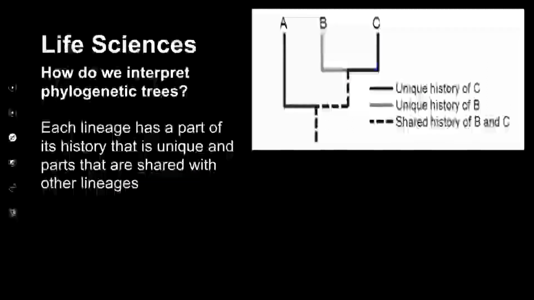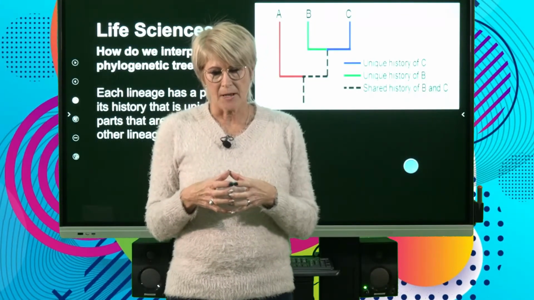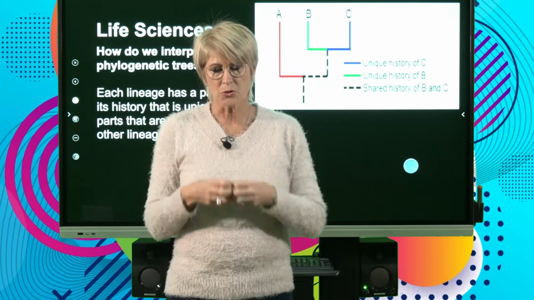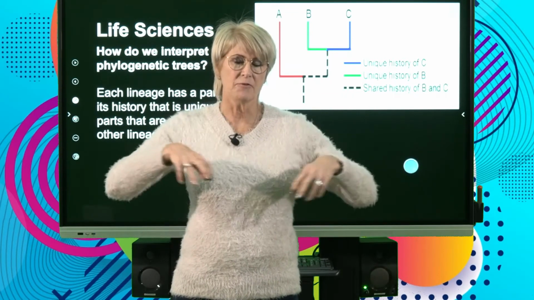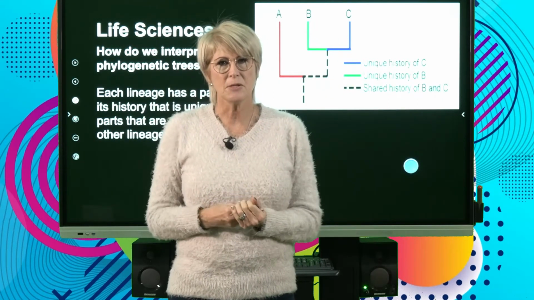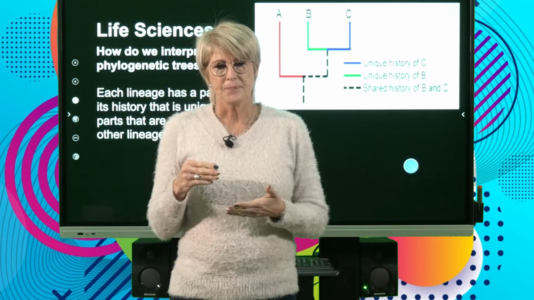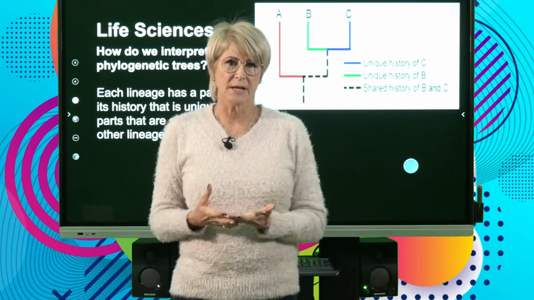Okay, so we've had a look at the ancestral population, and we've seen how we can find the common ancestor of various species on our phylogenetic tree. We also saw that where they actually split is caused by what we call speciation events.